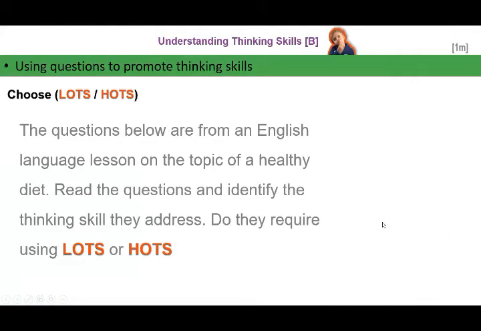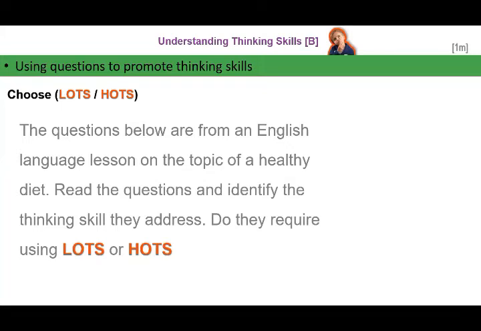Okay, so using questions to promote thinking skills. LOTS means lower order thinking skills, HOTS, higher order thinking skills. These are abbreviations.